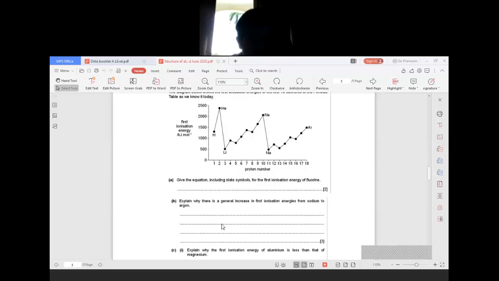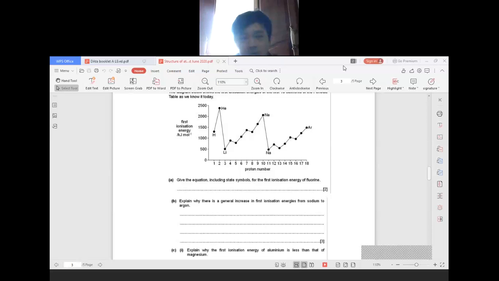Okay. The first ionization energy is the energy required to remove an electron. So we need to know that fluorine is an element.